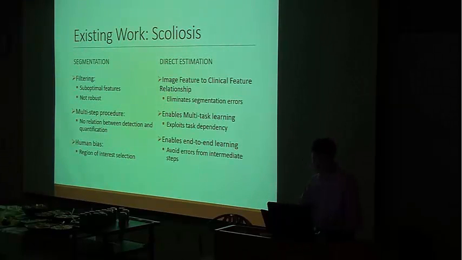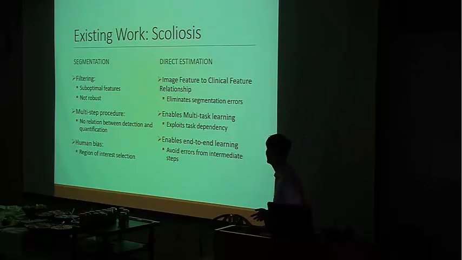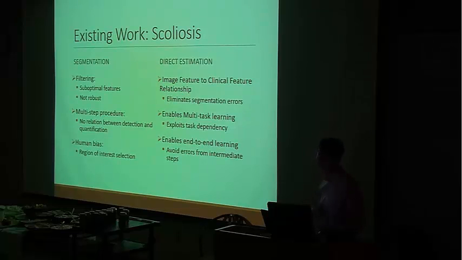Currently in the literature, there are some attempts to aid the measurement of curve angles. The current methods are basically segmentation or detection-based, which involve some kind of image feature extraction using filtering. But this isn't very optimal.